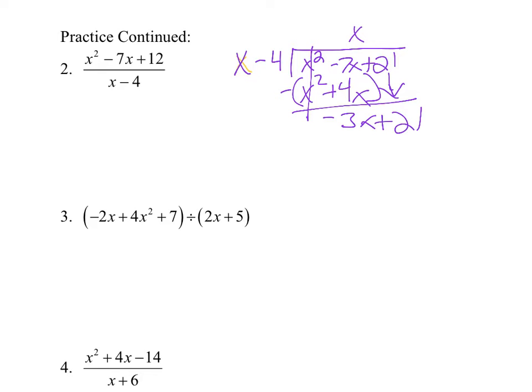Okay, so now we do it again. Minus 3 times x is minus 3x. Minus 3 times minus 4 is a plus 12. That's right. Okay, now I'm going to subtract this section. The 3x's go away.